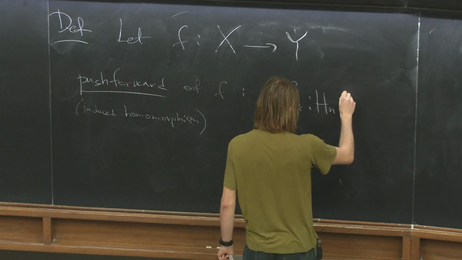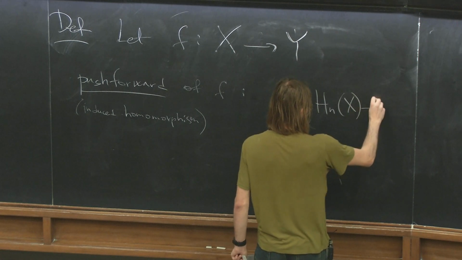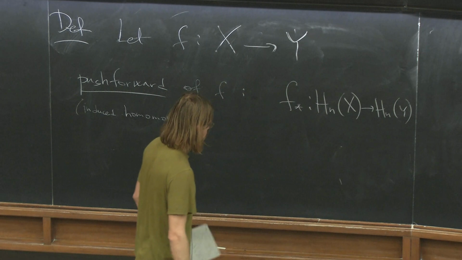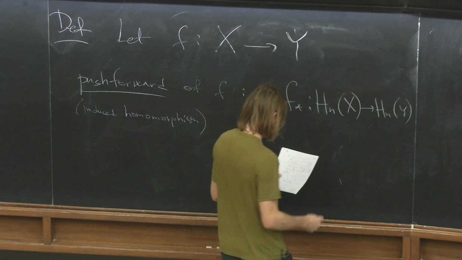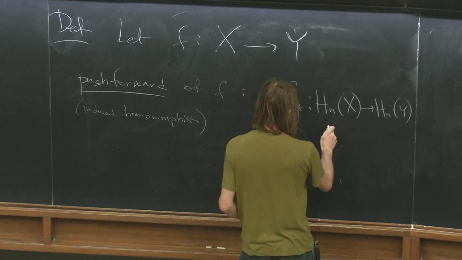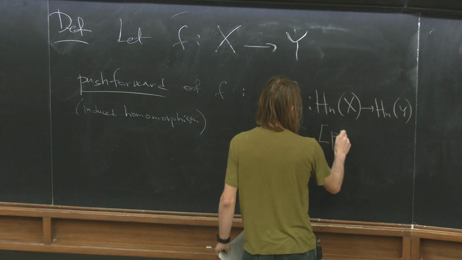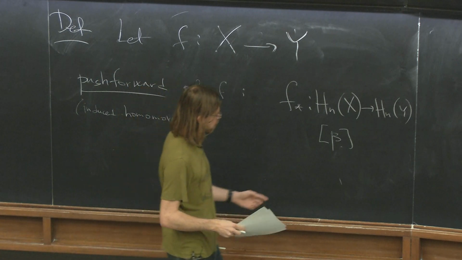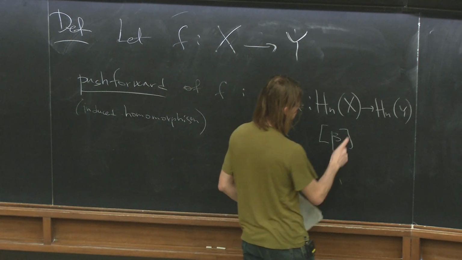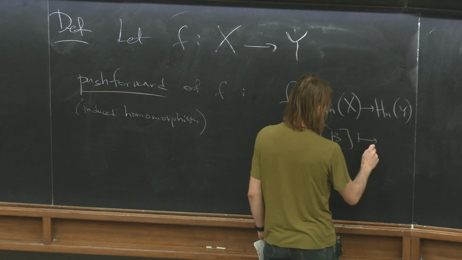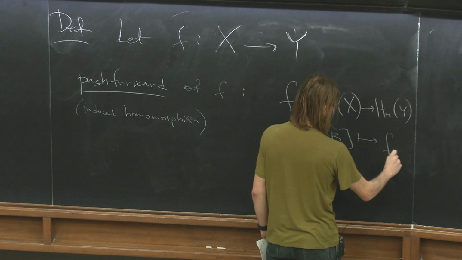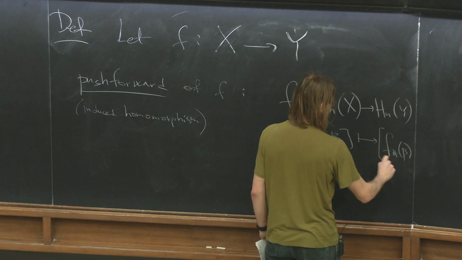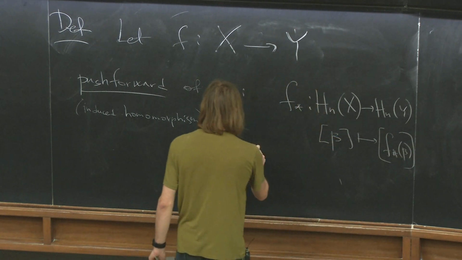It is a map from Hn of X to Hn of Y, and it's defined as follows. I take a class represented by some singular chain beta in X. I map this class to the class of F sharp beta.